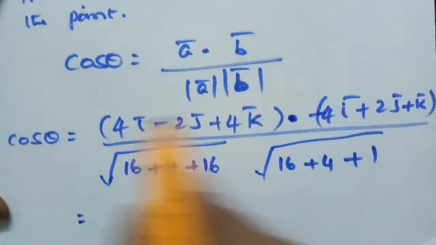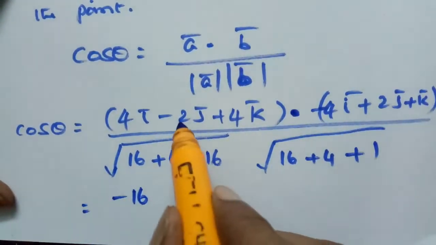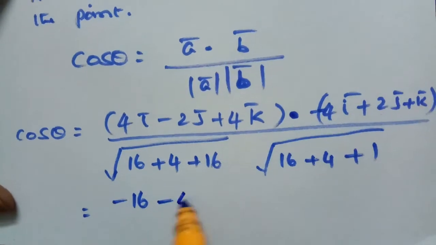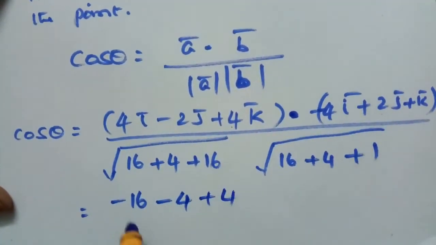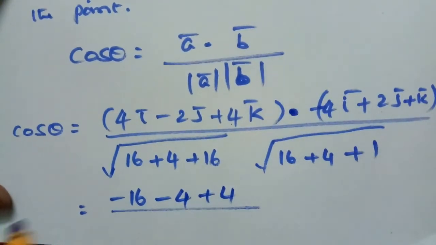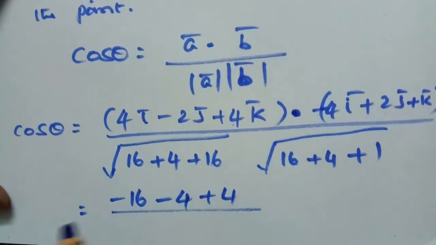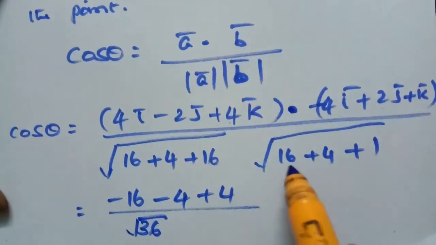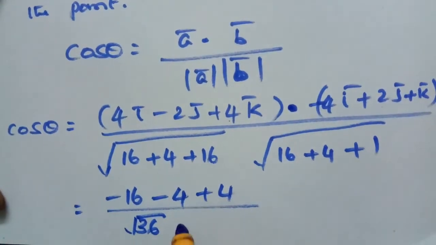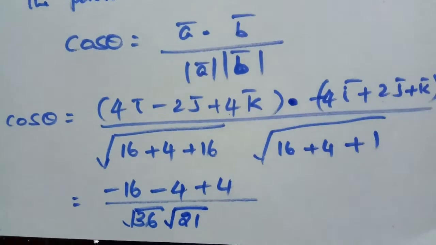Therefore this is equal to i bar dot i bar, 1, 4 into minus 4 minus 16, minus 2 into minus 2, minus 4, 4 into 1 plus 4, by 16 plus 16, 32 plus 4, 36, 16 plus 4, 20, that is square root of 21.